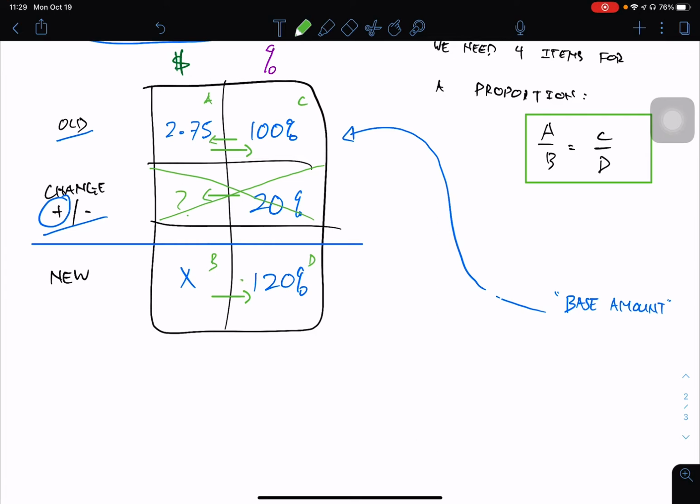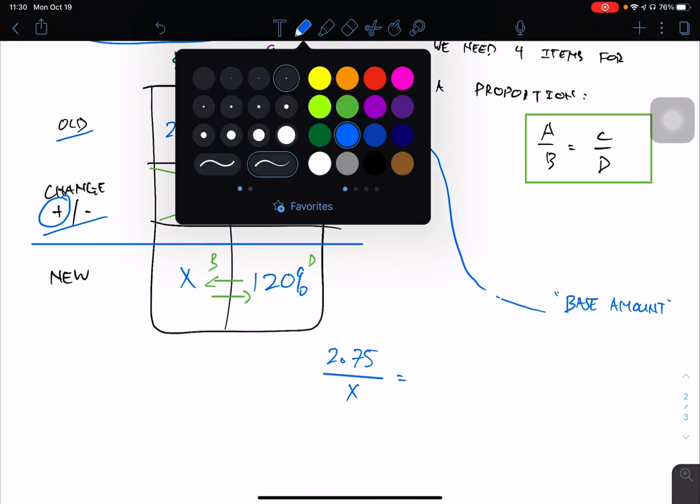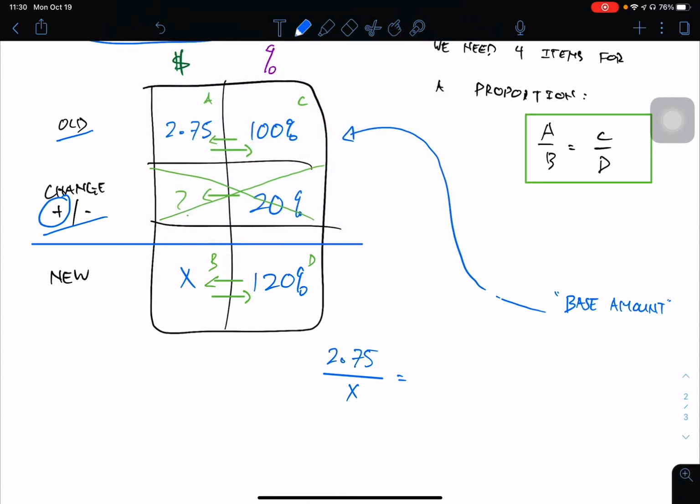And you can see here that on the very last one, you can use the 120 because you have the X there. So what does your proportion look like? It looks like this. You have 2.75 over X equals 100% over 120.